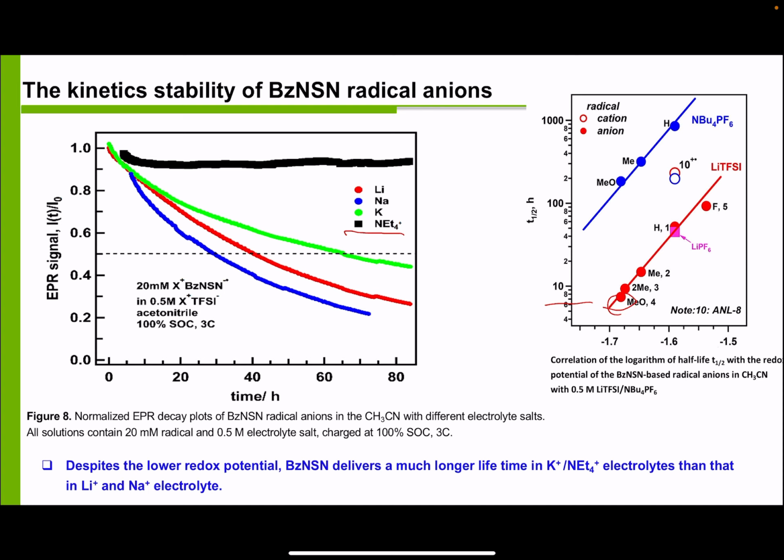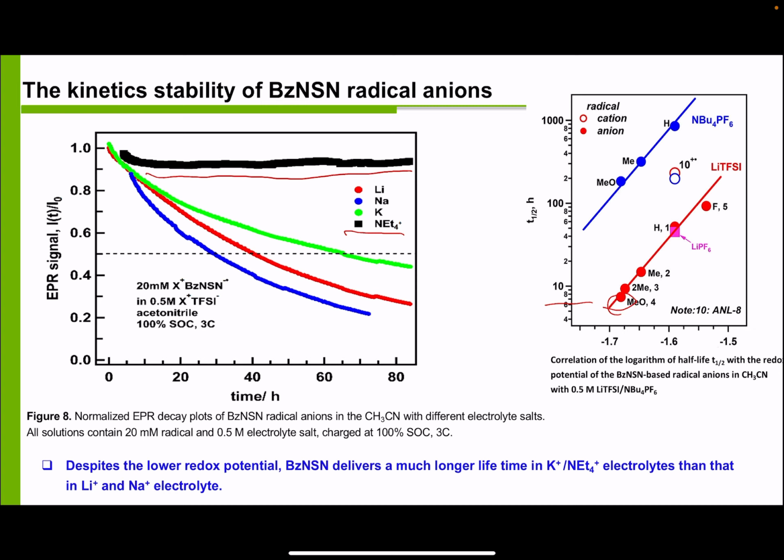But in this case, even though the ammonium-based electrolyte generates the lowest potential, it actually gives the highest kinetic stability. Within the time frame of our measurements, we don't really see much decay of these radical anions.